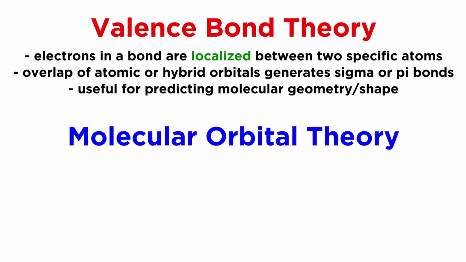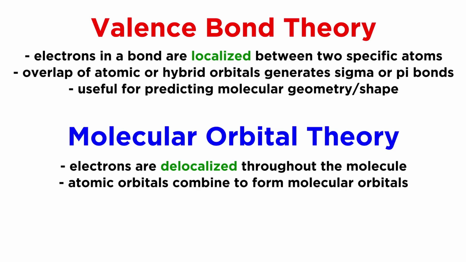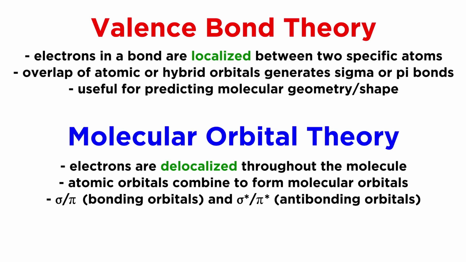To explain this, we have to turn to molecular orbital theory, which differs from valence bond theory in that electrons are considered delocalized throughout the molecule, and atomic orbitals combine to form molecular orbitals, which are also delocalized throughout the molecule. These can be sigma and pi bonding orbitals, or sigma star and pi star antibonding orbitals.